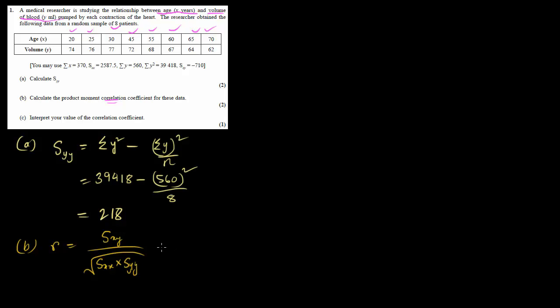Now, in order to calculate this, we need some values, and the values are already given. If you check here, Sxy is minus 710, Sxx is 2587.5, and Syy is going to be 218. So this is the value of the correlation.